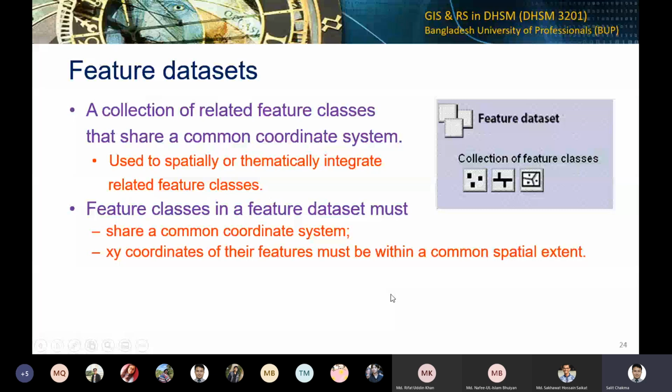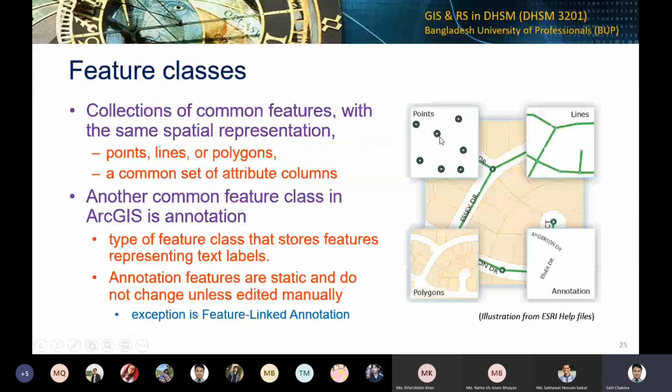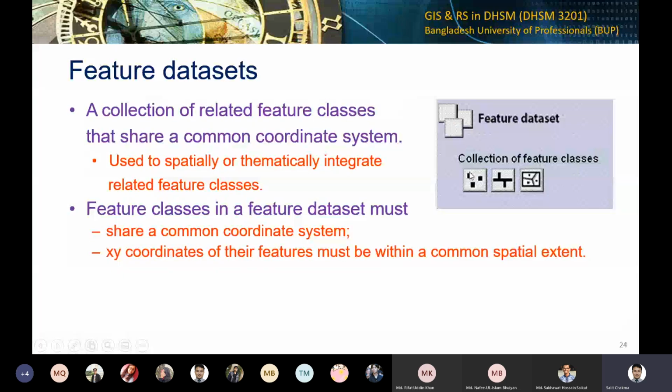Feature classes are the collection of common features, for example, points. If it's a point class, you can add only points in there, you cannot add polylines. That's why for each layer you have this symbol. That means this layer contains only points, not polylines, not polygons.